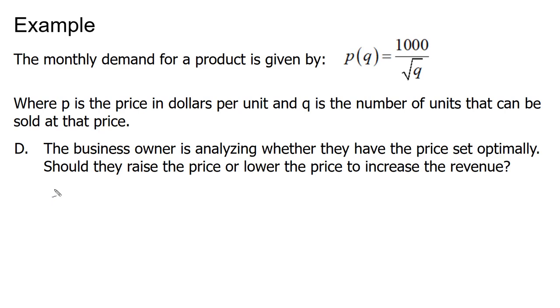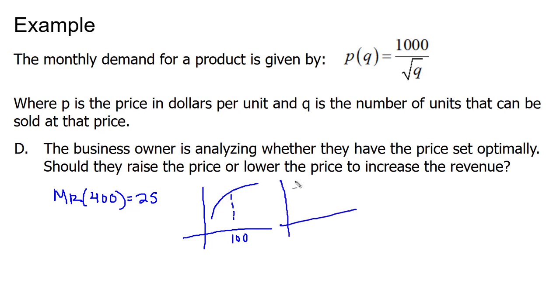Remember what we know from the last part. We found that the marginal revenue at 400 was 25. So if we visualize what we have going on, we've got our revenue function here, and here we have 400. It could be looking like this, or it could be going down at 400. We know we're in the situation where it's going up because our marginal revenue was positive, which means that our revenue is increasing at 400.